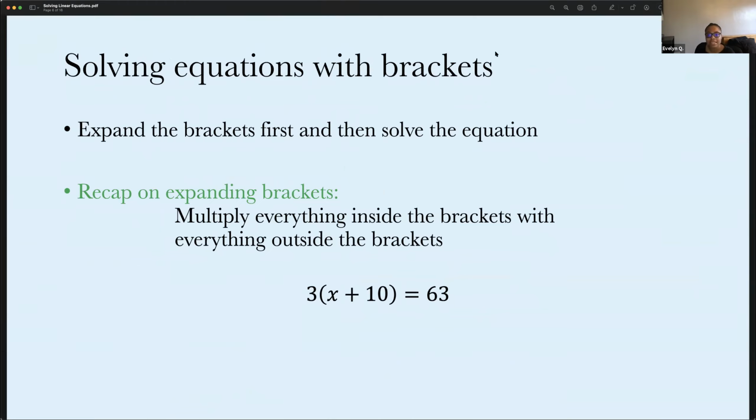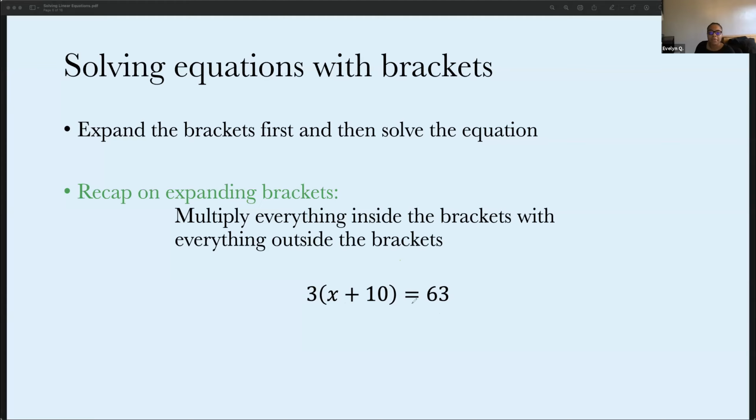So the next thing that we're going to go through is solving when there's brackets involved. Now, the best thing to do when there's brackets involved is to expand the brackets. So in this case, we've got 3 multiplied by x plus 10 equals 63.